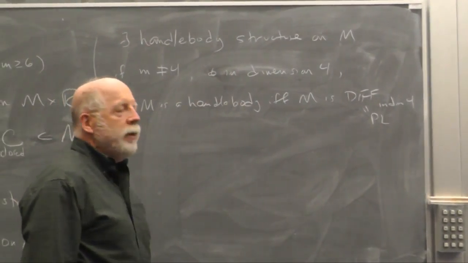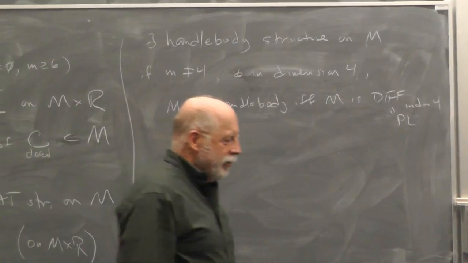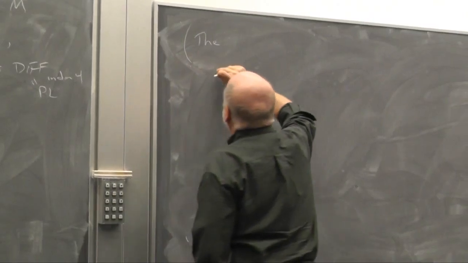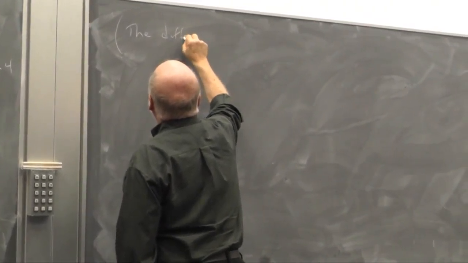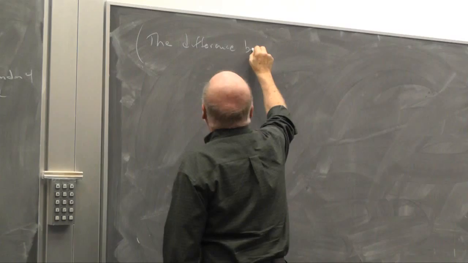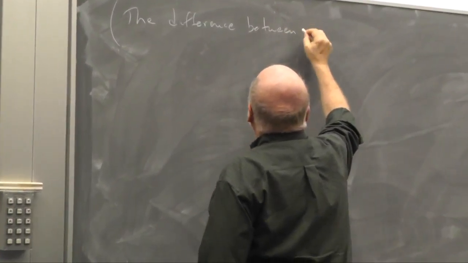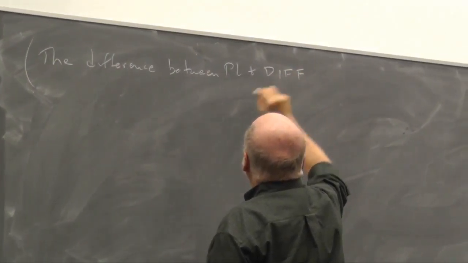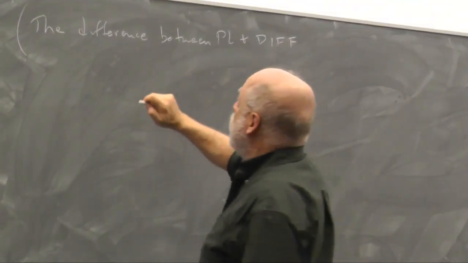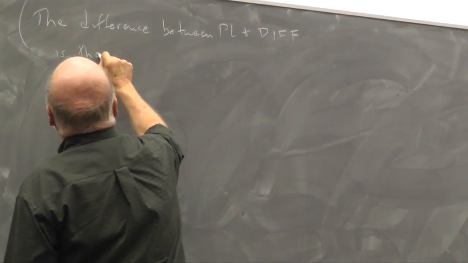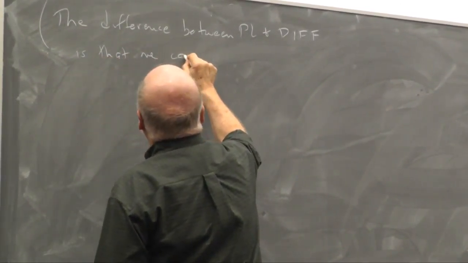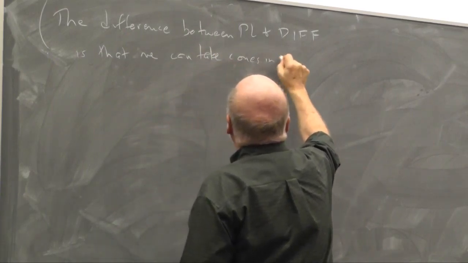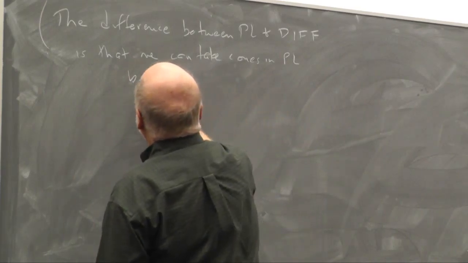By the way, I should make the remark at some point or other, just sort of a philosophical remark. So here's a parenthetical remark. The difference between PL and diff, those two categories, smooth manifolds and PL manifolds, is that one can take cones in PL, but not in diff.